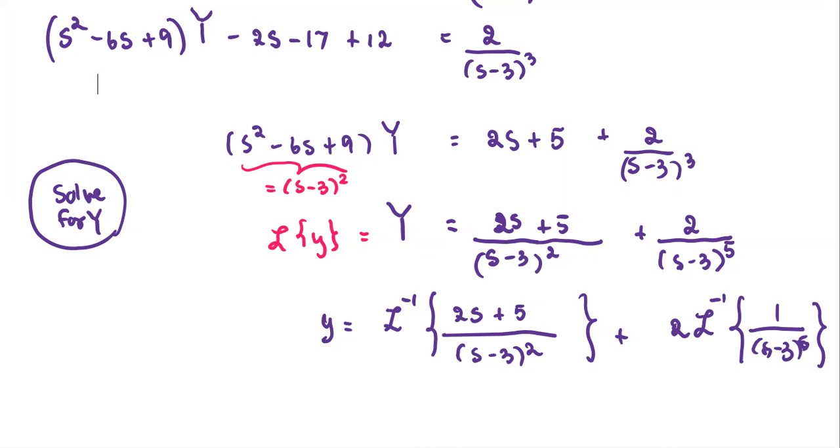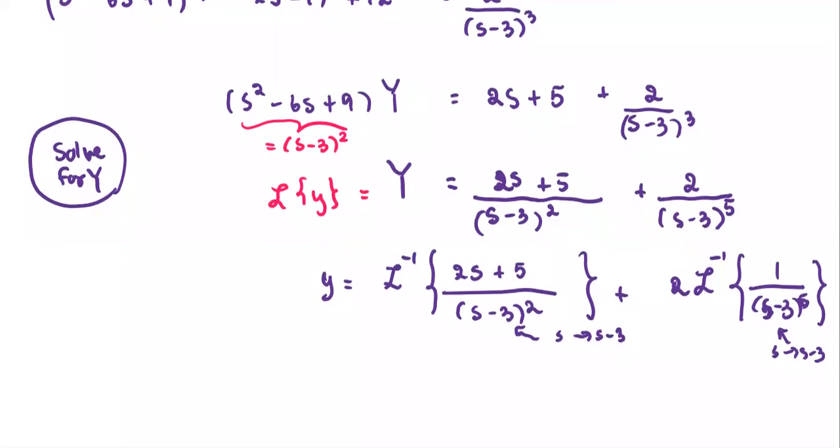And then from the problem, as we see the s minus 3 quantity to the power second or power 5, that tells you it is the translation from s to s minus 3. So s to s minus 3. With this hint or this observation, we're going to adjust the numerator of the first inverse Laplace to fit the form that we can find. We can use a theorem and then apply the first translation theorem.